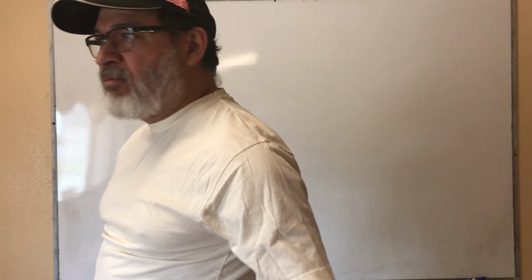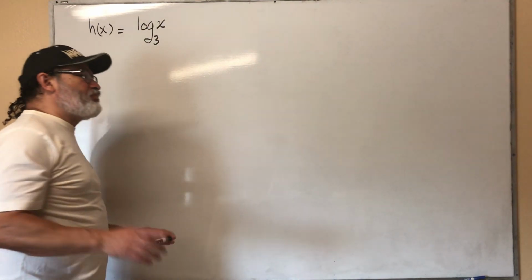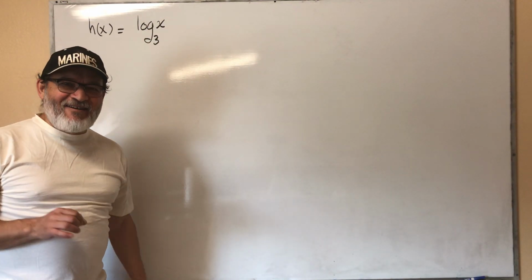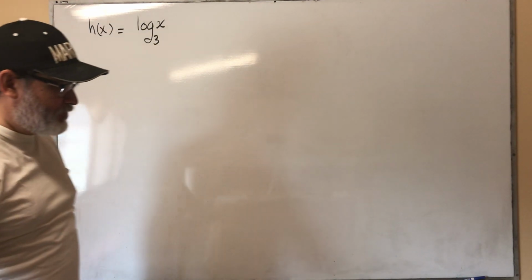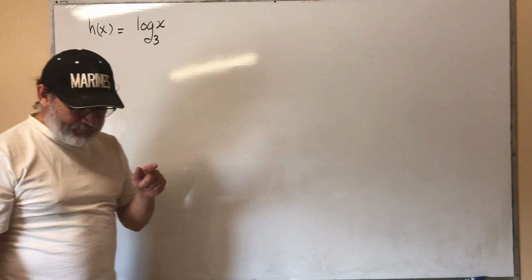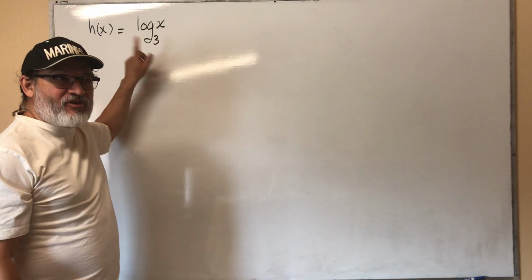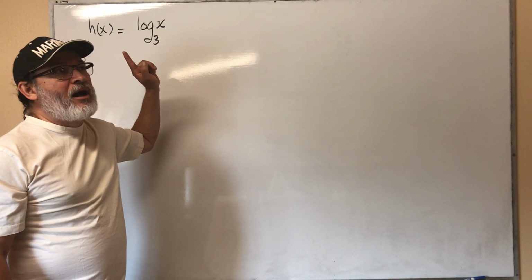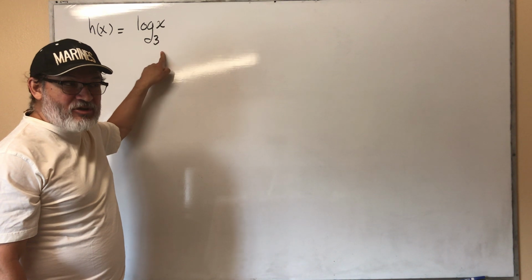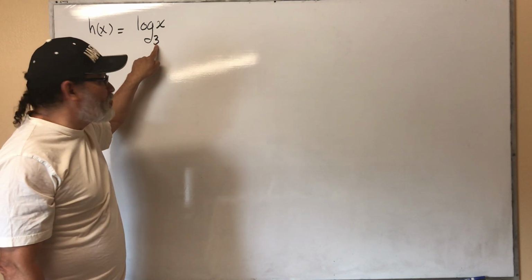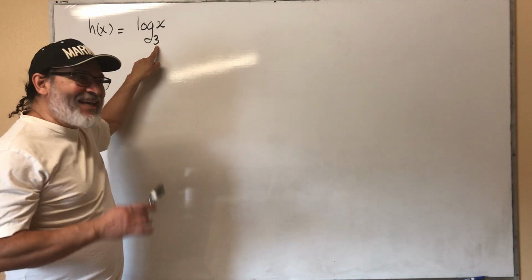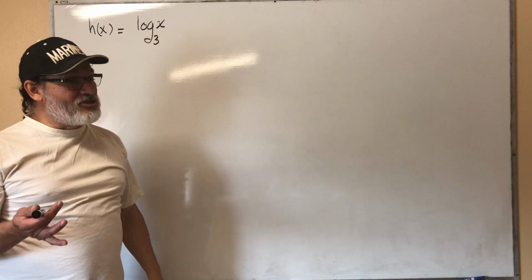When you make a table, make sure you pick smart values for x. Don't forget, this comes from an exponential where the base is 3. Remember this, base 3 is the base of an exponential. Don't forget that.